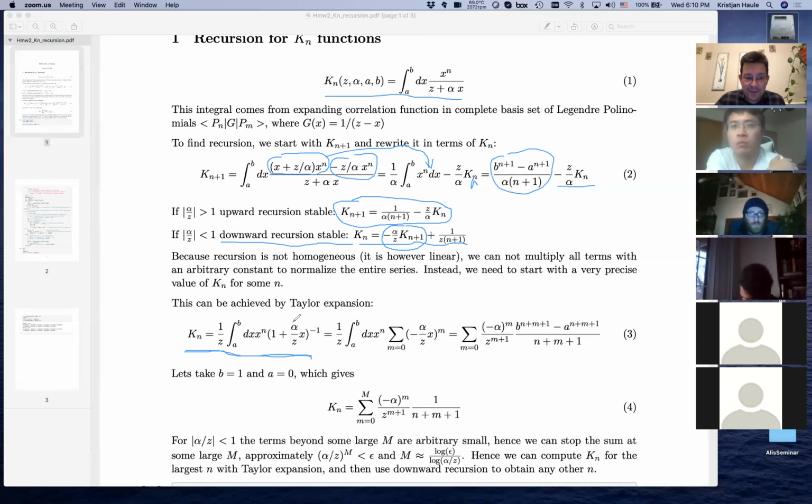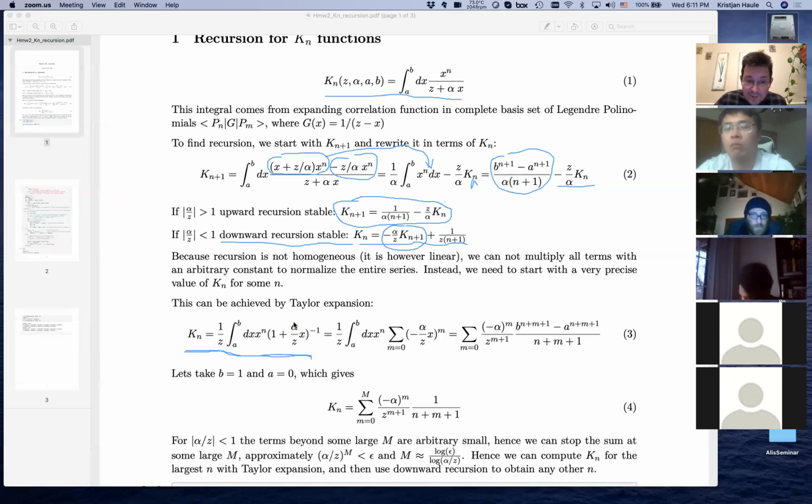And the important point is that alpha over z, this thing, is smaller than 1. We're using this in the limit when alpha over z is smaller than 1. Actually, at the end of the day, we're going to use only smaller than 1/2. And at the same time, x is also smaller than 1, because the integral goes from 0 to 1.